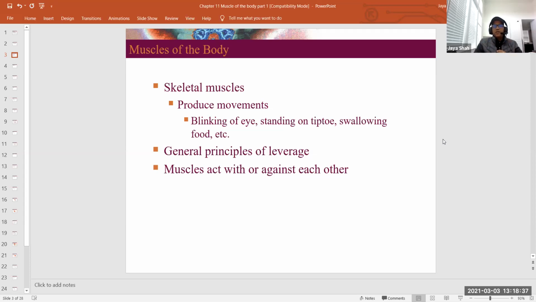That's the physics. Based on that, each muscle works in our body. Muscles act with or against each other. Some muscles work together to perform one group of functions, and some muscles oppose that action to undo it.